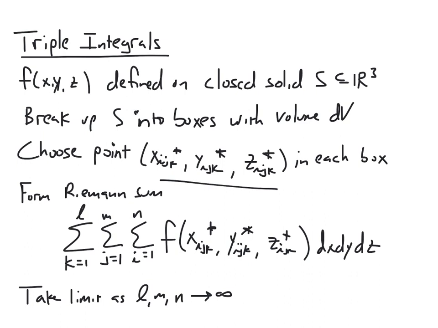Once we have the Riemann sum, we take the limit as L, M, and N all three go to infinity. So this is going to be a triple limit. We're going to take all three of these quantities to infinity, and that means we're going to look at more and more boxes in all three of the directions, which means we're going to break up this region into a very, very large number of boxes, compute the point from each box and evaluate our function at that point.